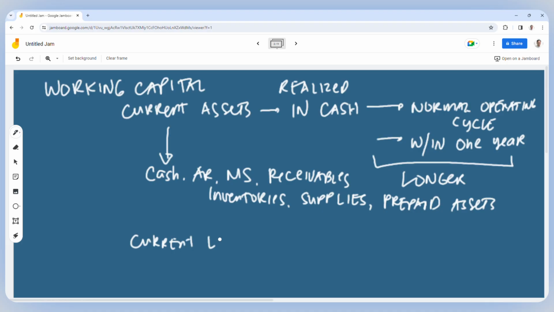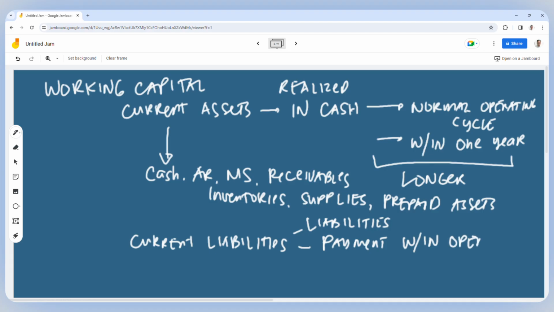Ang sabi naman, ito daw ay liabilities whose payment or liquidation should be within the operating cycle or within 1 year.